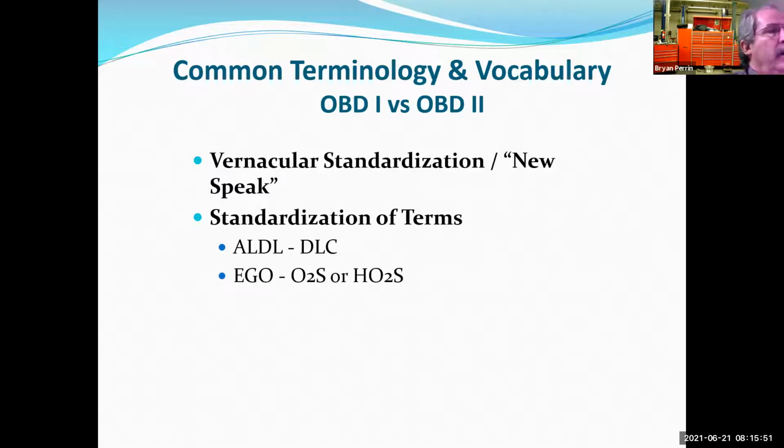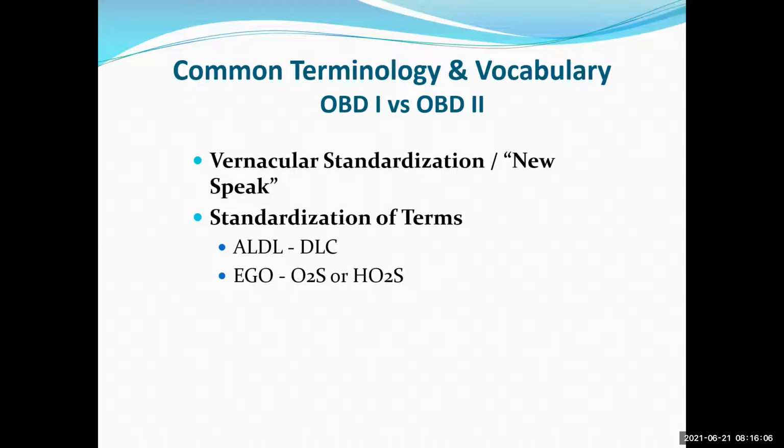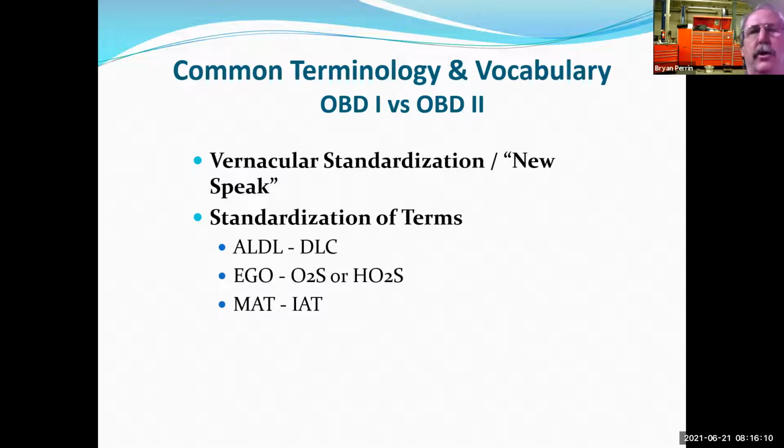Ford used to call it an EGO sensor. Some other manufacturers also use that, say for exhaust gas oxygen. Now by law, it has to either be an O2S or an HO2S. We also see some AFS and HAFS fuel sensors, but we standardized. We used to have a MAT on a car, not the one that goes under your feet. This was the manifold air temperature sensor.